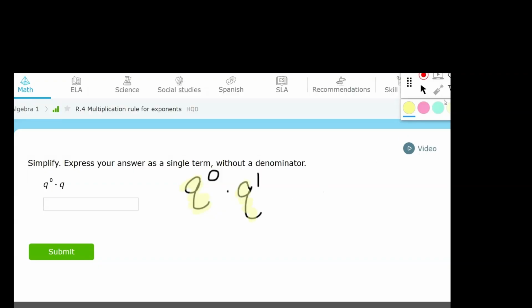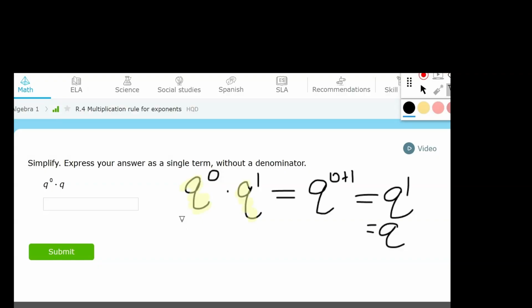So when we multiply exponents with the same base, we keep our base and we add the exponents. In this case, 0 plus 1. I'm left with q to the first power, or just q.